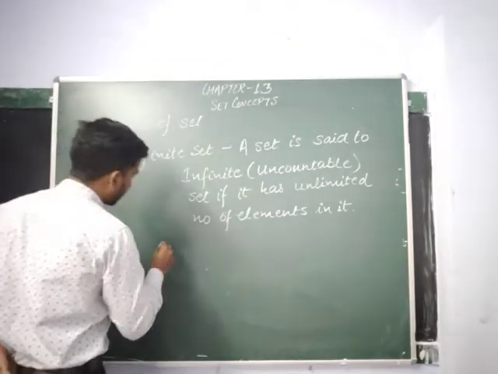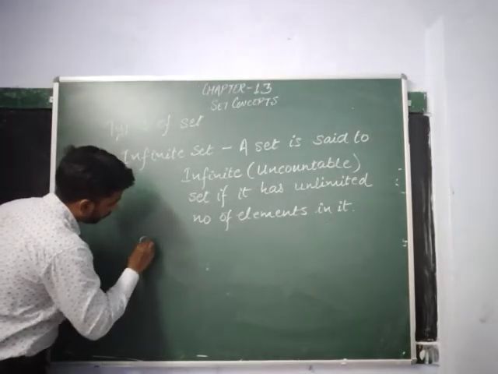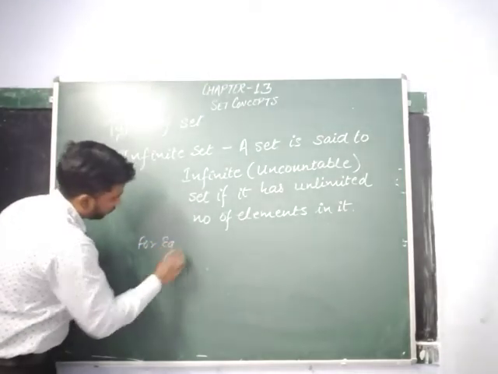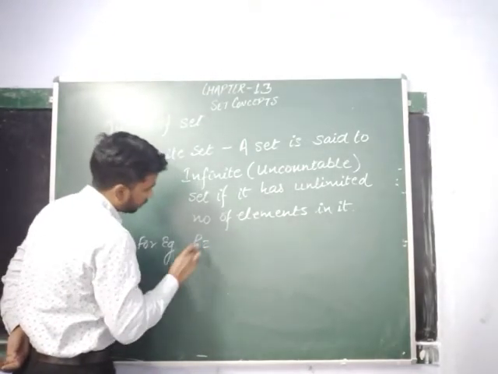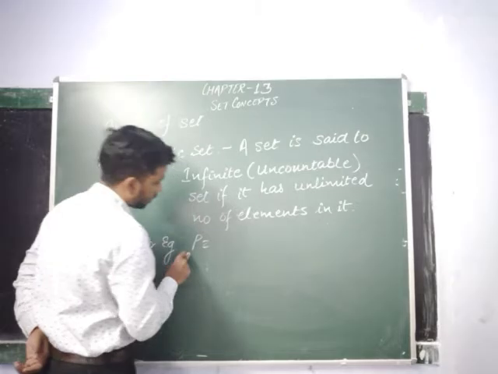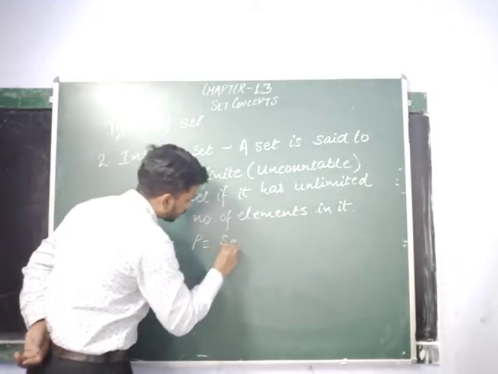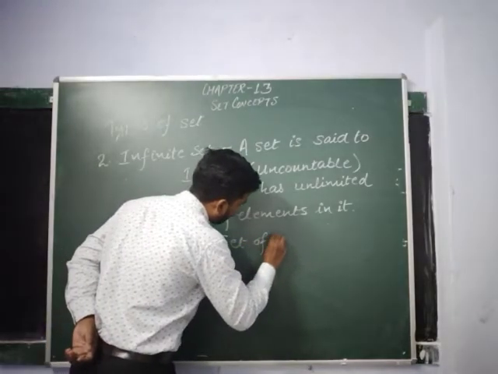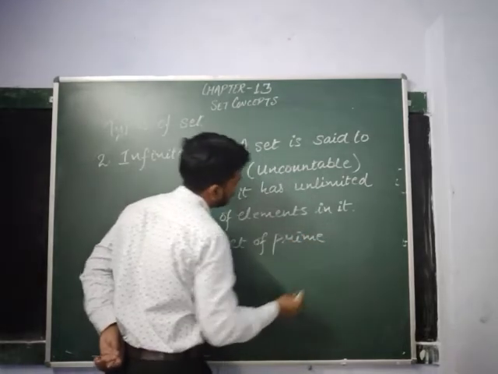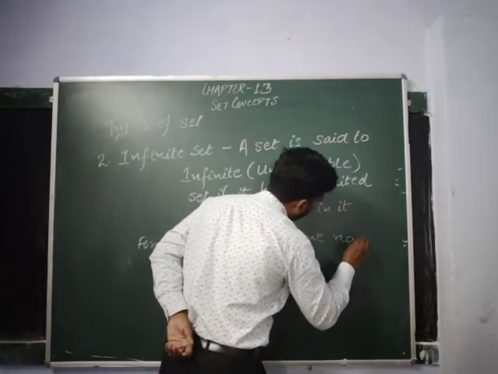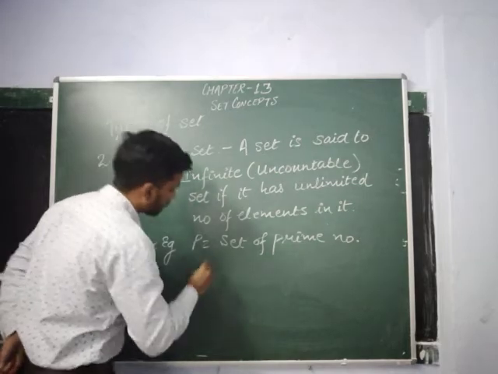Okay, now let us take an example. For example, suppose P is there. This is the name of set, and this is set of prime numbers. Clear? So what is prime numbers?